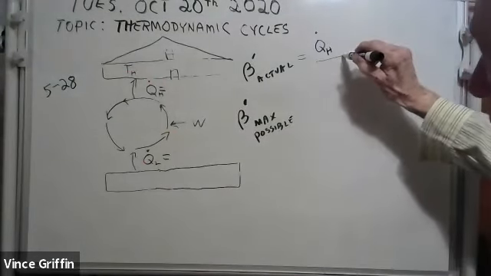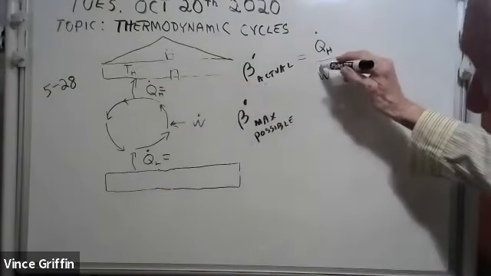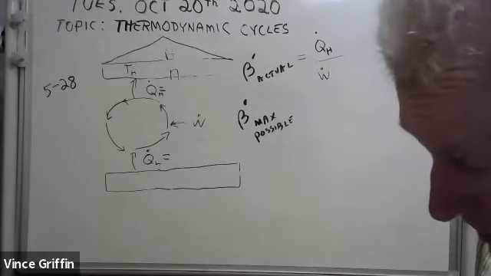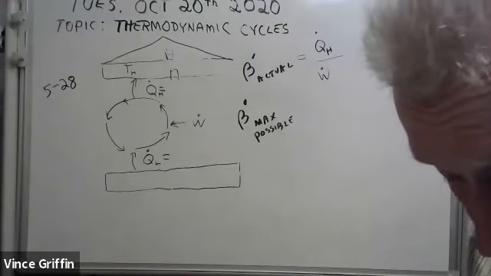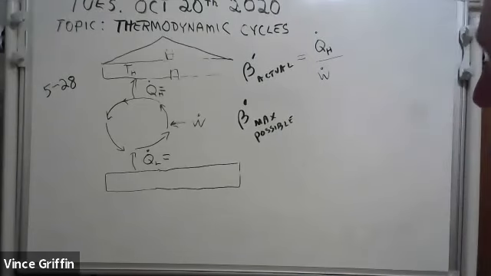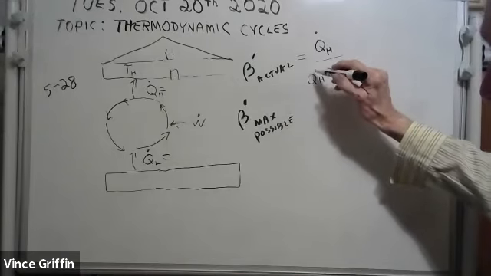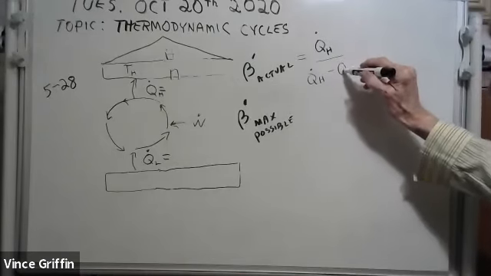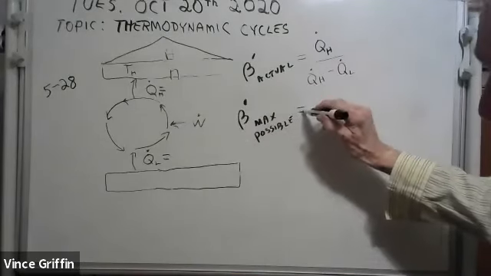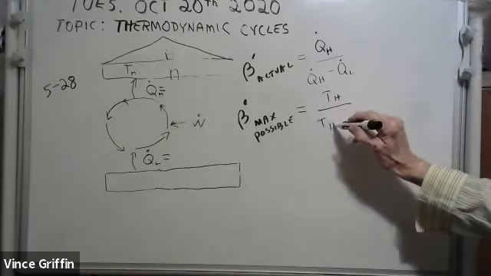And this is equal to this divided by this. This is what you have to pay for. Again, you got to plug that in. It's not free. You're not going to keep your house warm in the winter free. Sorry, it's going to cost you money. But see, you could write this according to the first law of thermodynamics like this. So there's your actual. Now here's your maximum possible. It's based on the Kelvin temperatures.